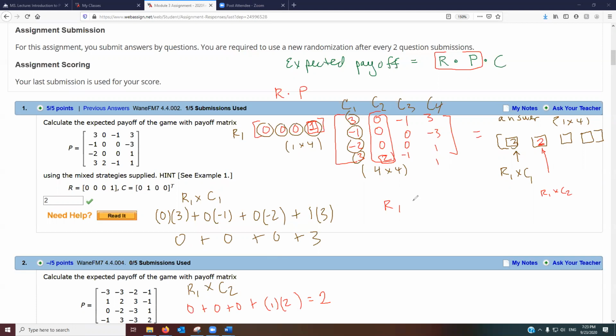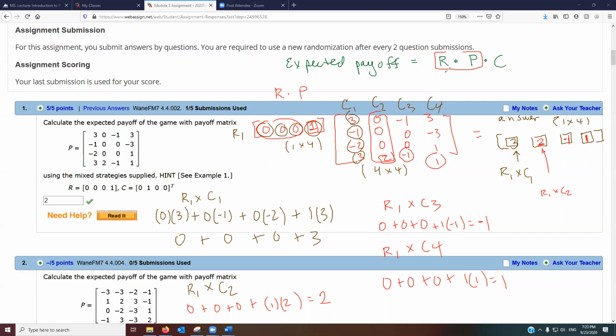I'm going to do row 1 times column 3. And again, these zeros mean the only multiplication that matters is this 1 multiplying this negative 1. So this answer is going to be negative 1. I'm going to put that here. Okay, and let's do one last multiplication, R1 times C4. Again, there's going to be zeros, and then the 1 is going to multiply this 1. So I'm going to get a 1 out of that. So I'm going to put a 1 here.